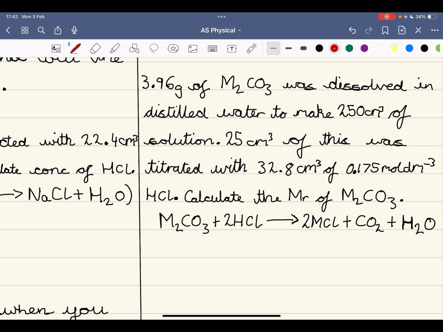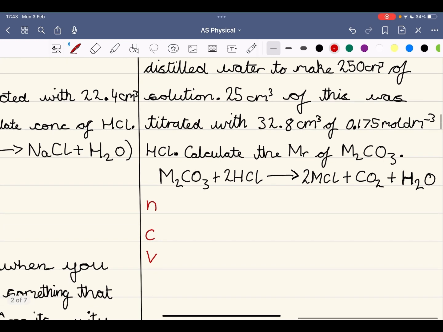So the first thing we do is the titration. So just like before, I like to answer my titration questions with N, C, and V. And then I write down all the information that we know before. So we know that we have 25 centimeters cubed of M2CO3, which is equal to 0.025 decimeters cubed, and then we have 32.8 centimeters cubed of hydrochloric acid, so that's 0.0328, and then our concentration is 0.175, so this gives us 0.00574 moles by doing concentration times volume.